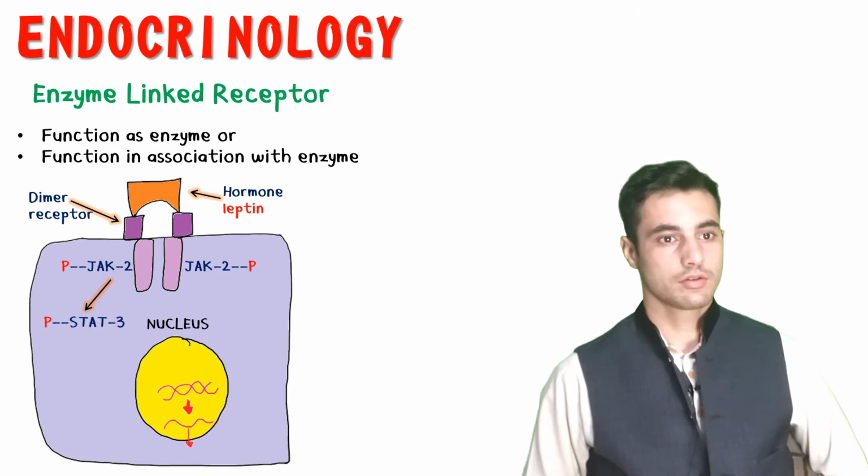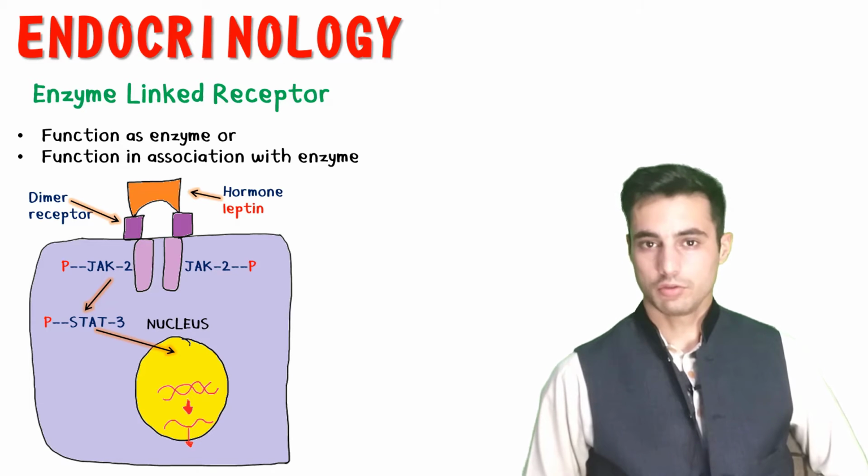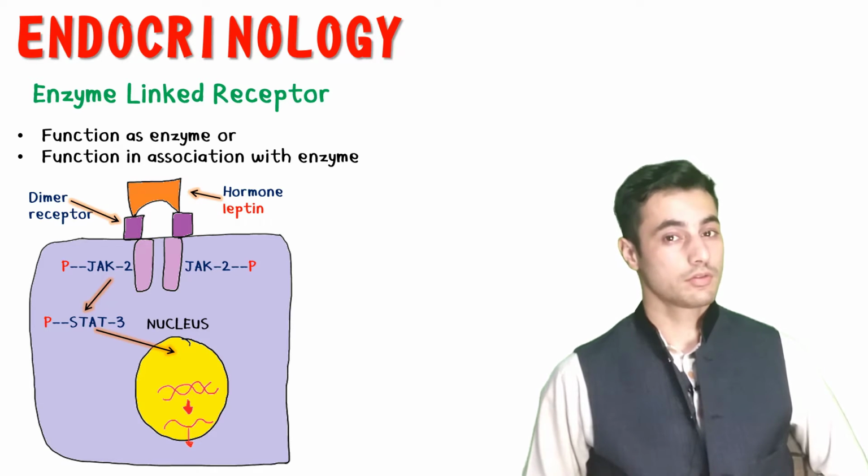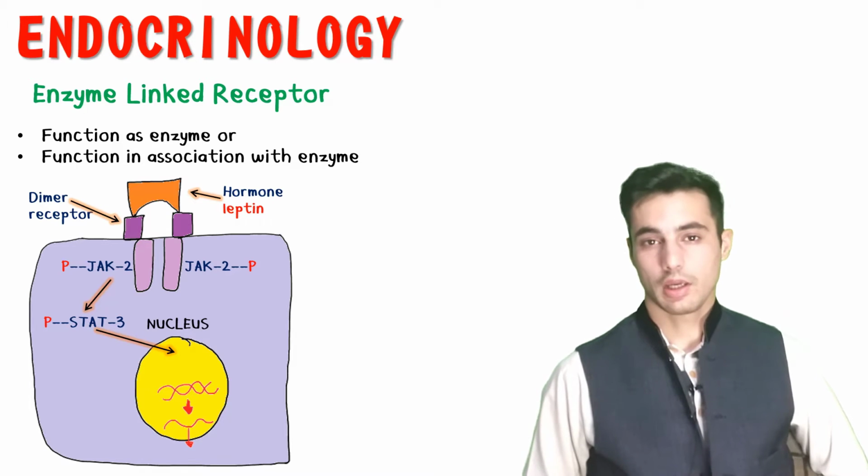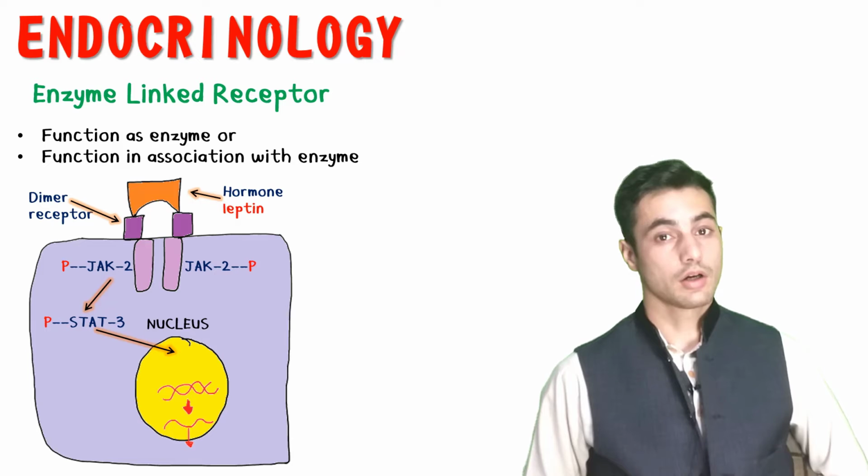Now this STAT3 will enter into the nucleus and cause transcription. The transcription will produce the messenger RNA, and hence the messenger RNA will be converted into proteins inside the cytoplasm. In this way, the enzyme linked receptor will generate the proteins or the enzymes.